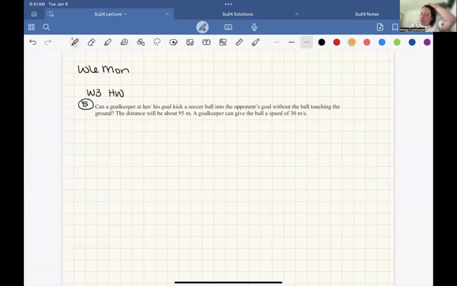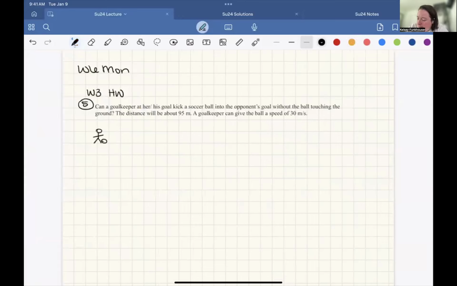Now, let's do a kinematics example, specifically a projectile motion one. So we have a goalkeeper trying to kick a soccer ball into the opponent's goal without the ball touching the ground, a distance of 95 meters. So we'll draw a little picture.